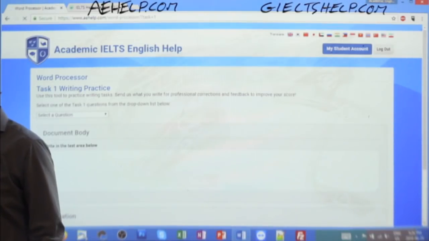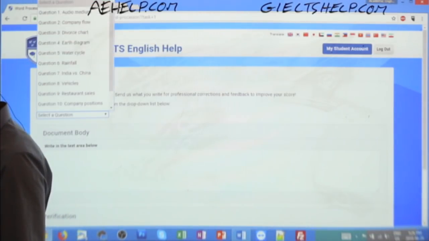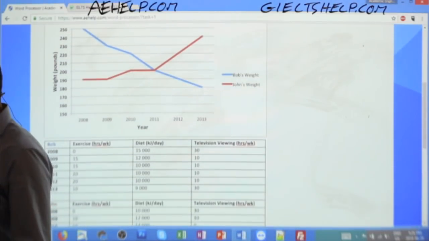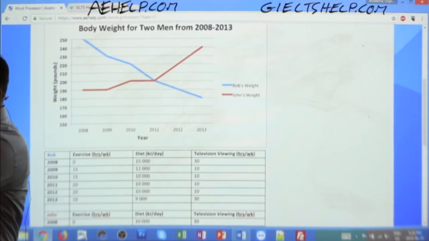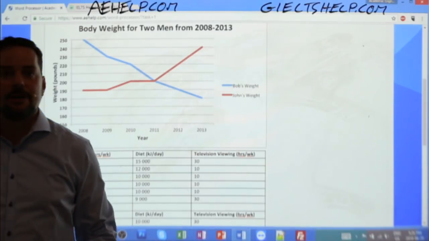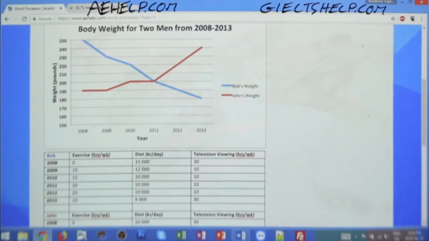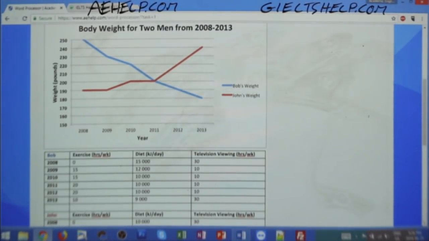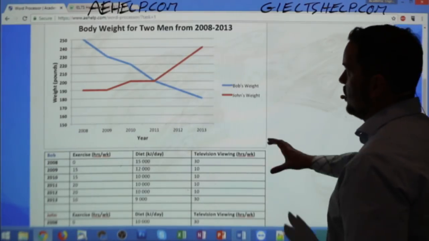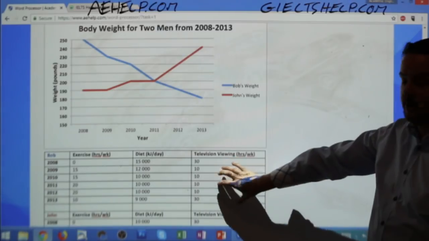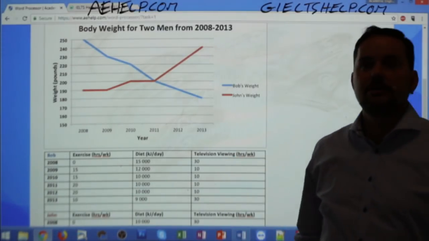I'm just logging into our page here, and I believe, yeah, so here you see an example where it's 2 graphs, right? So basically you have a line graph that's combined with a table, and here you could decide to write 1 paragraph on this information first, and then you could decide to write a second paragraph on the table after, okay?